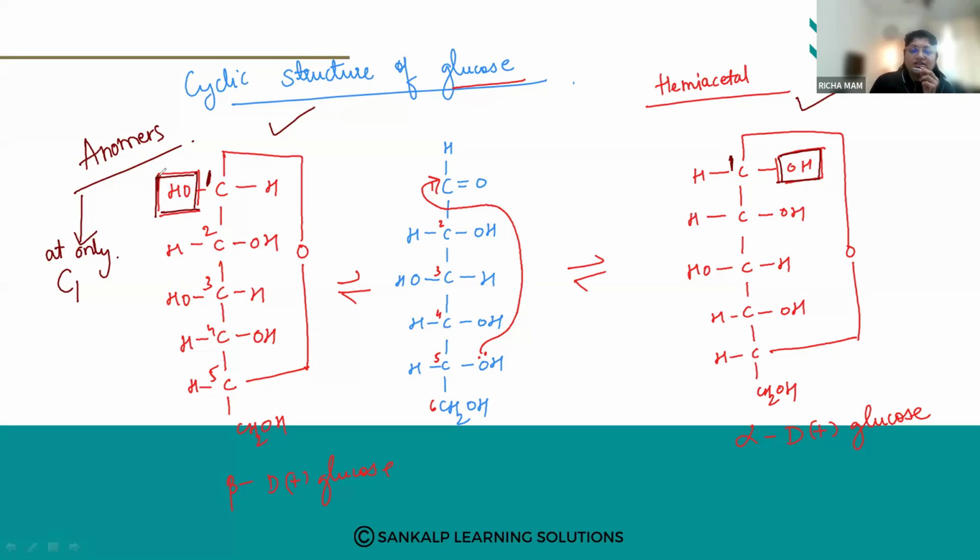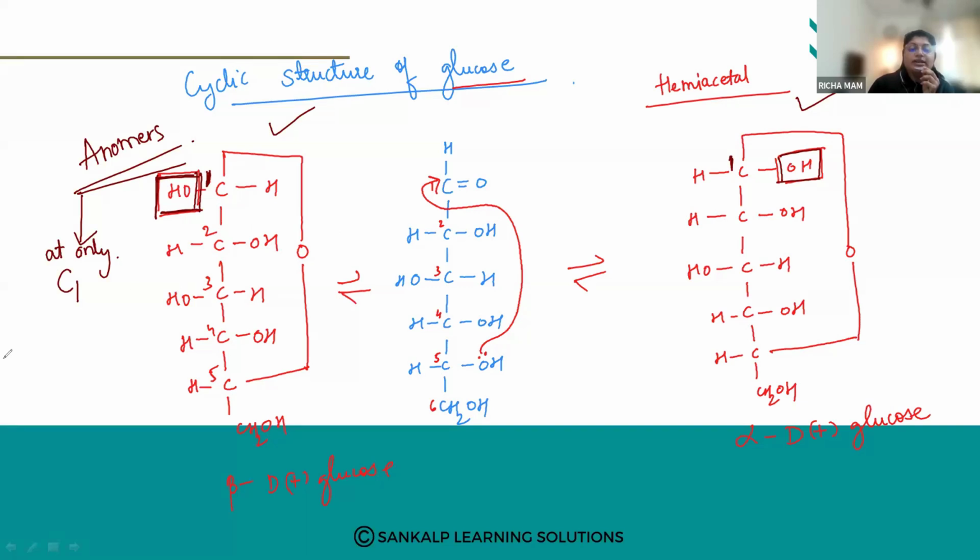The change in configuration is only at the C1 carbon. So such isomers are called what? Anomers. Okay, is it clear up to here, students? We have discussed the cyclic structure of glucose. We have seen the hemiacetal structures, how they differ. Then we have studied anomers. What are anomers? When there is a change in configuration at only C1 carbon, then such isomers are called anomers.